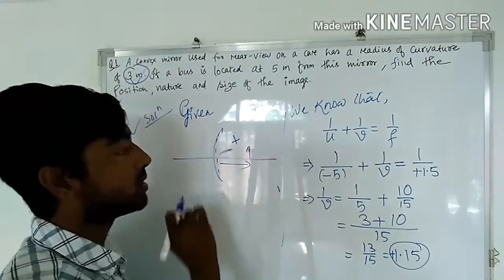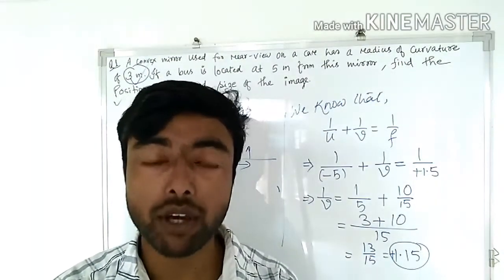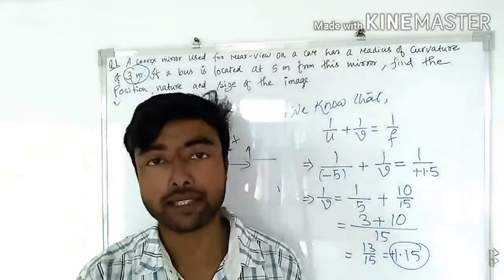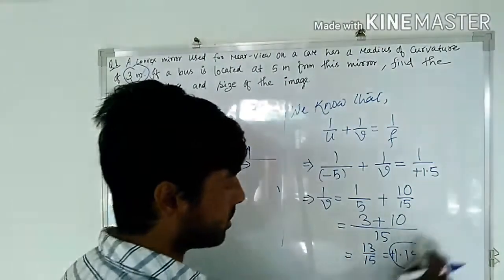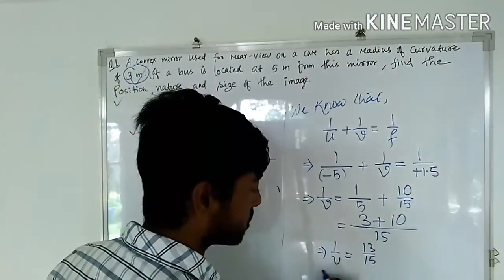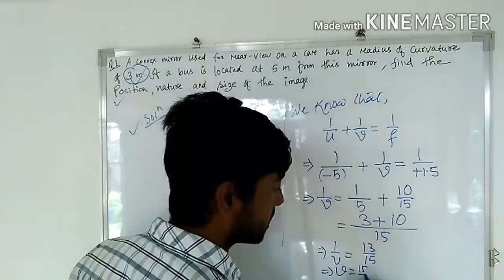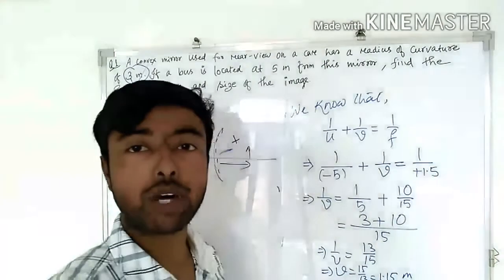So by just observing whether the answer is coming positive or negative, you can say that yes, my answer is correct. That is the value of 1 by V, so the V value will be 15 by 13, which is 1.15 meter.